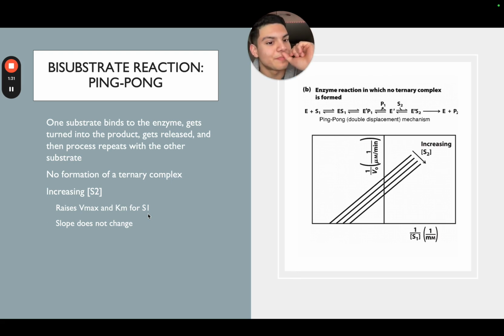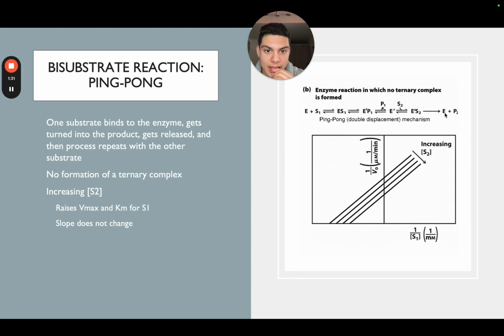And so note that when we're increasing S2, we're increasing the total number of sites occupied. We're saying that E naught is still an occupied site because it's not E. Does that make sense? And so what we're saying is when we add this, we're increasing the availability of free enzyme. And when we increase that, our theta becomes lower. And because our theta is lower, it means that we need more substrate to increase it.